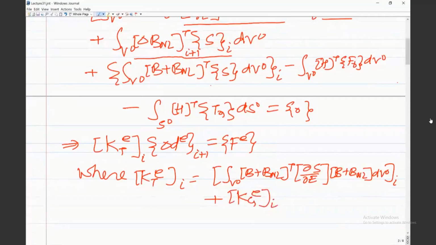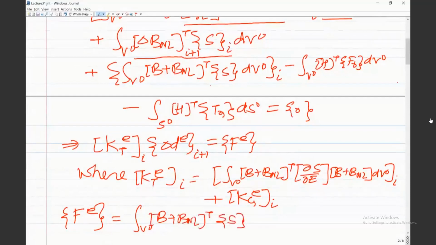So this is your KT consisting of these two terms, and of course this FE, let me define FE and then KGE. This vector FE is integration over V naught of B plus BNL transpose into S dV naught.